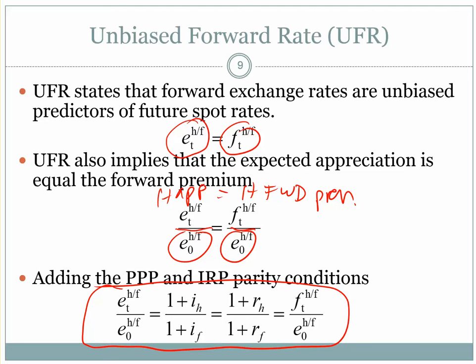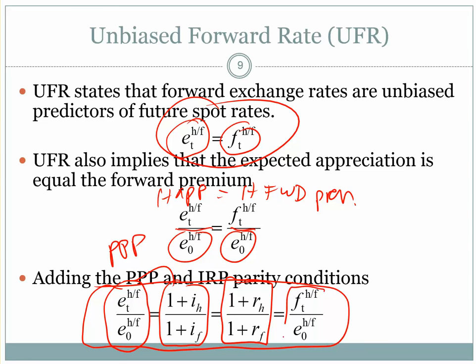What that says is that 1 plus the expected appreciation of a currency is equal to the relative inflation rates, and that's our PPP. And then if we make another assumption that real interest rates are the same, and that interest rate differentials for sovereign bonds simply reflect inflation differentials, that's also equal to the relative interest rates. And then if we further assume that the expected spot price is the forward price, that's also equal to 1 plus the forward premium of this currency F. So we can use this formula to forecast inflation rates, interest rates, forward rates, and appreciations.